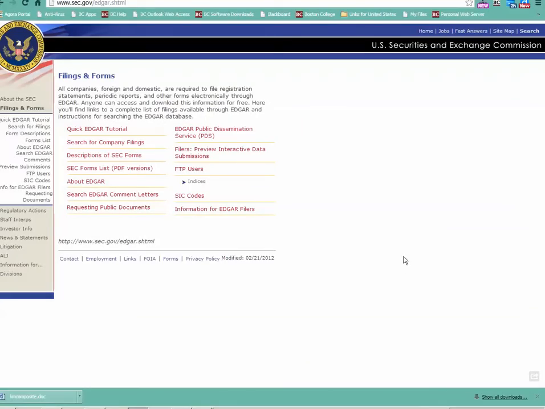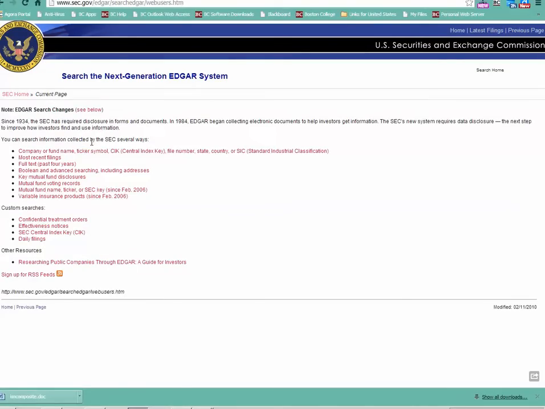So this is the main SEC webpage. They have tutorials here. They have other information for filers. There's comment letters. There's requesting documents. So there's other information you can find on this page. But we want to look for company filings. And we're going to do an advanced search.